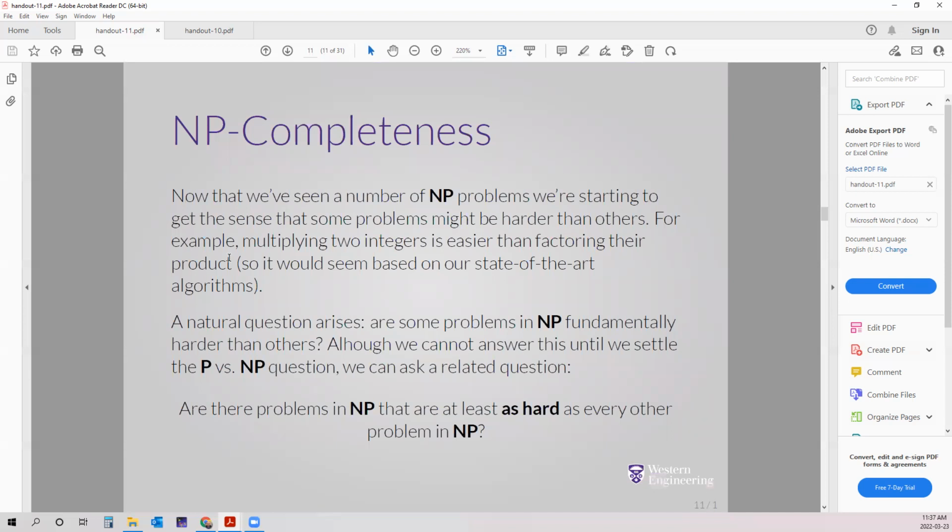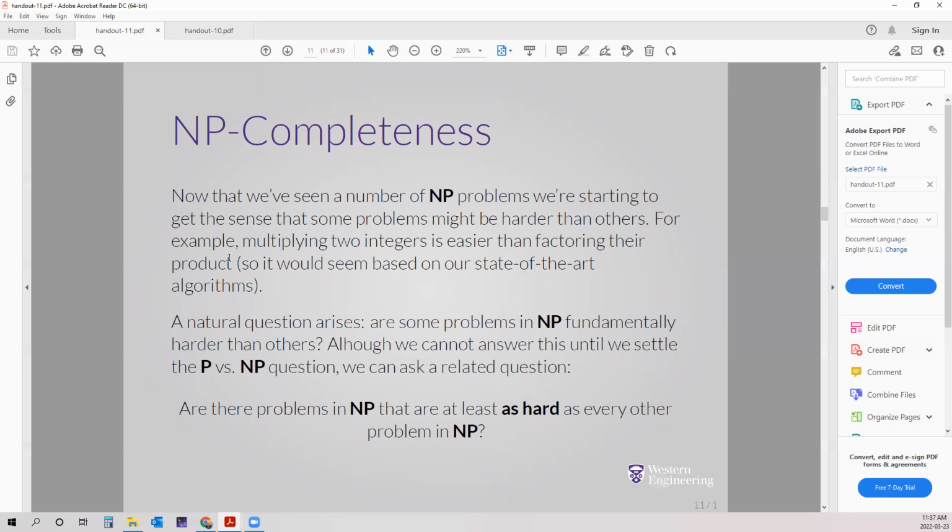NP completeness. Now that we have seen a number of NP problems, we are starting to get the sense that some problems might be harder than others. For example, multiplying two integers is easier than factoring their product, at least based on our state-of-the-art algorithms.